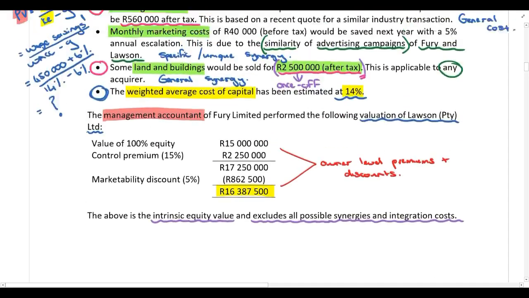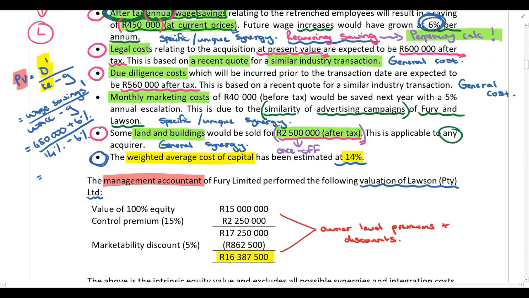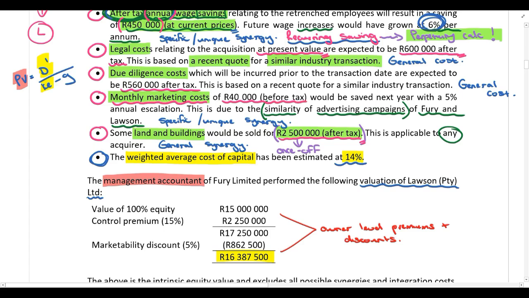Then there's one more saving over here. Monthly marketing costs of 40,000 Rand before tax would be saved next year with a 5% annual escalation. So, applying the same logic, guys.